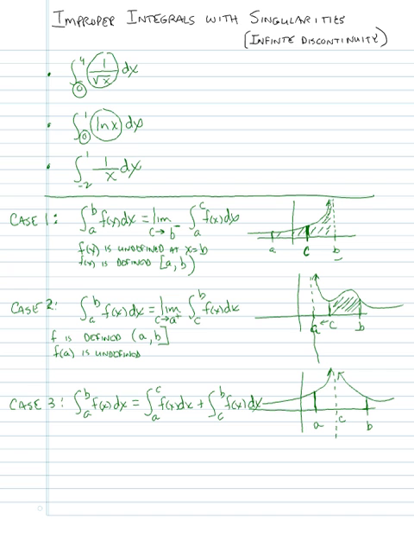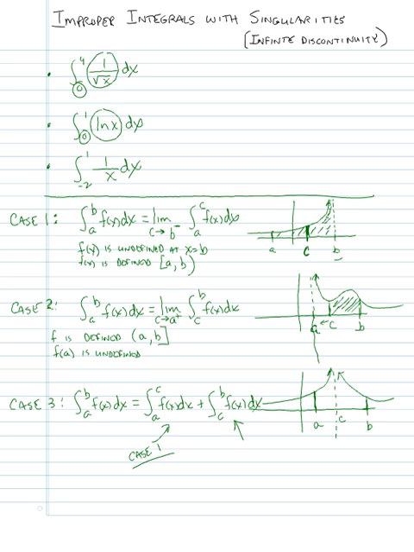As we integrate from A to C, remember it's not defined at C. So we refer to case 1 on how we do that particular integral. In the second integral, remember it's not defined at C. So that would be similar. The letters are different, but it's not defined at the left value, is it?